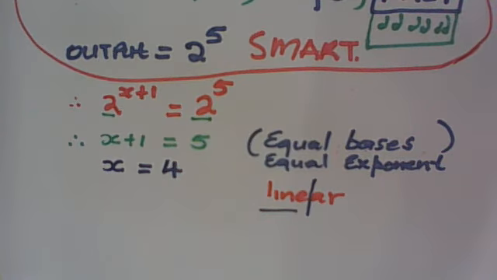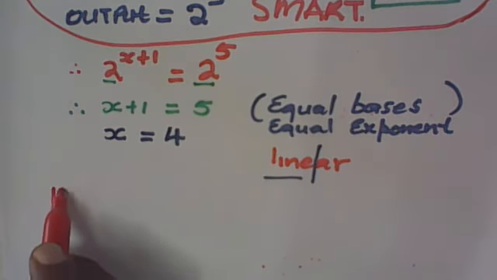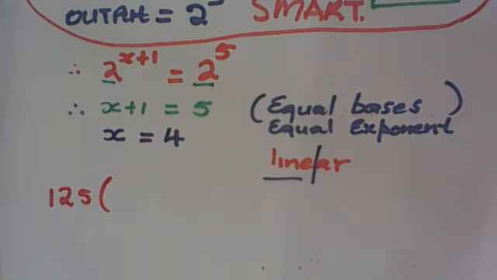So this is it, guys. Now, let's get to the other one. The other one is number 2. We have 125, then inside the brackets we have 3 to the power p.